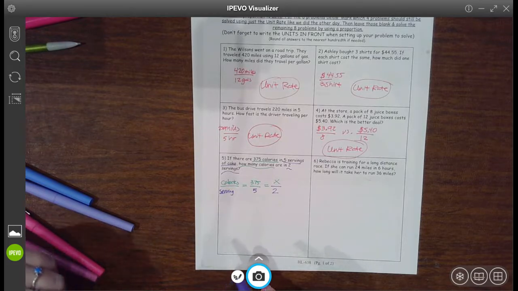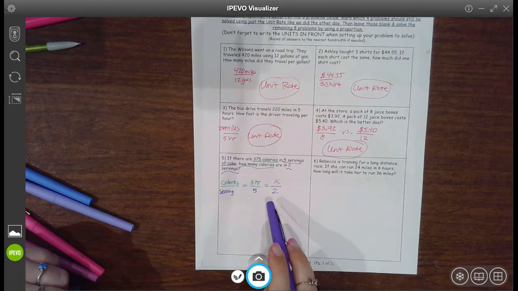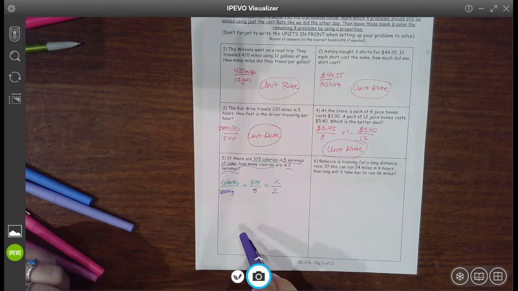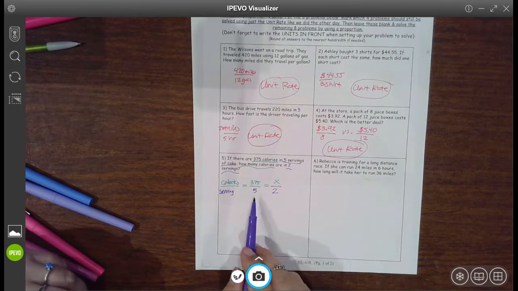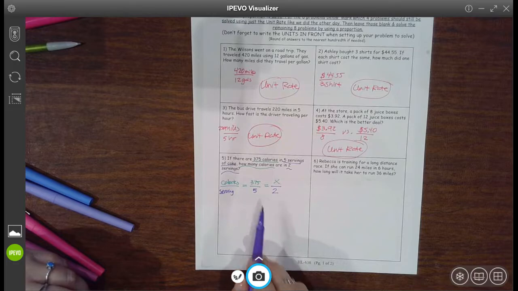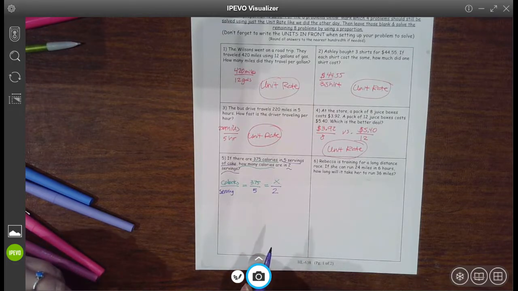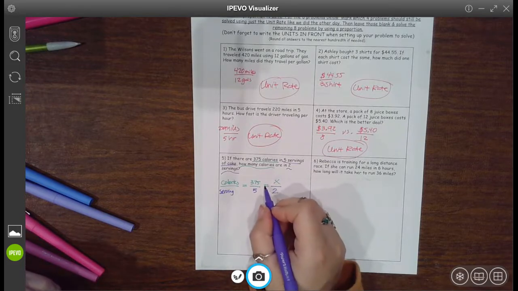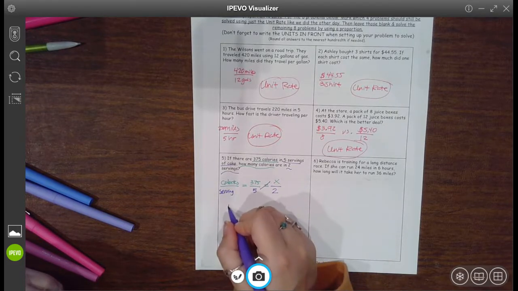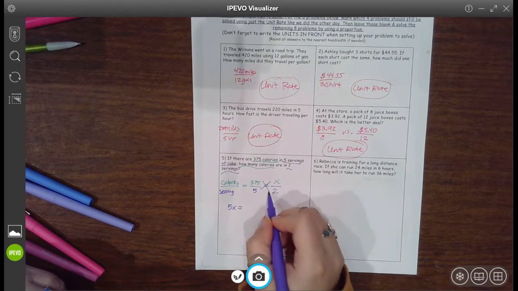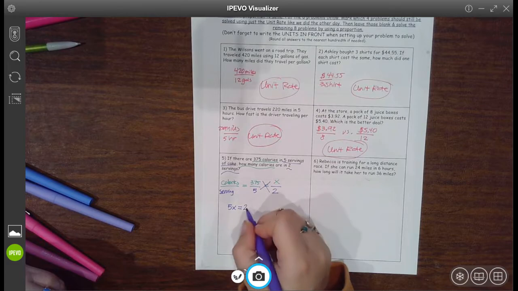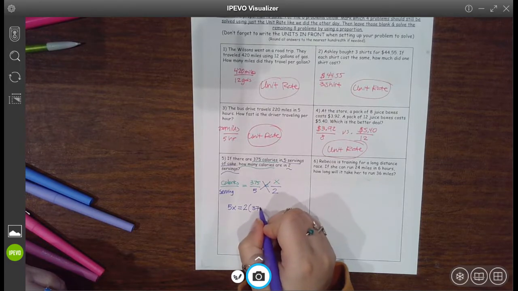Now, once you have your 2 ratios set equal to each other, and I was consistent in how I set them up, then you could either see, okay, 2 times what is 5? It doesn't go in evenly, right? So I might want to do cross products, which means I would take 5 and multiply it by x and set that equal to the 2 multiplied by 375.